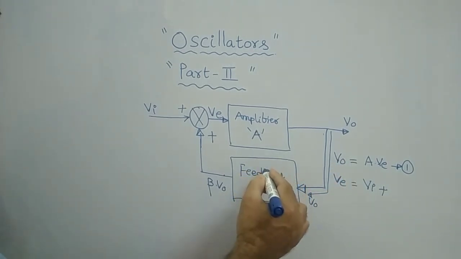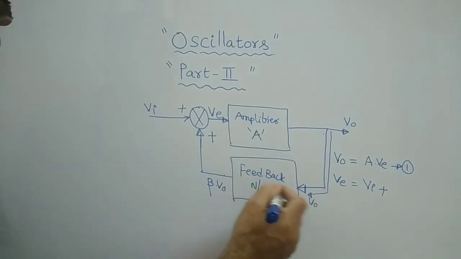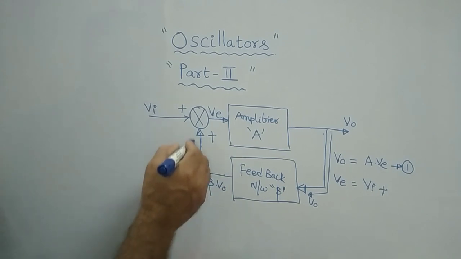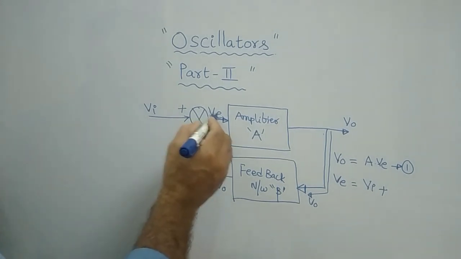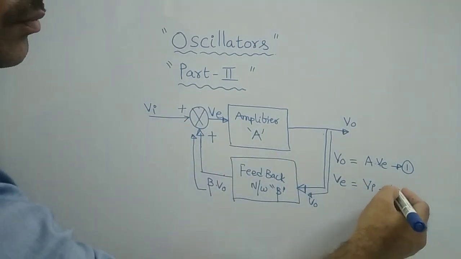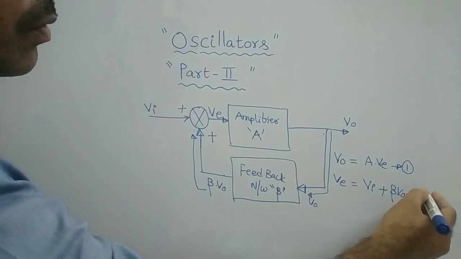Beta is the gain, so the output is gain into input, beta into V0. Therefore VE is VI plus beta times V0. This is equation number 2.